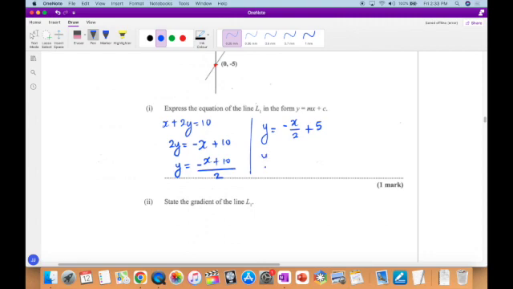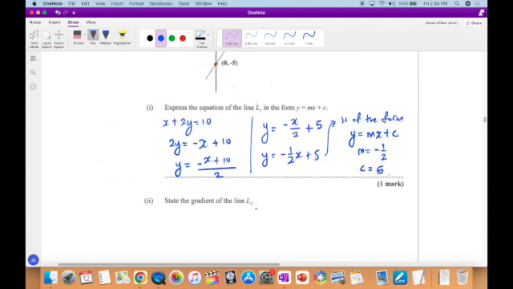Therefore, y = -1/2 x + 5, which is of the form y = mx + c, where m is negative a half and c is 5.